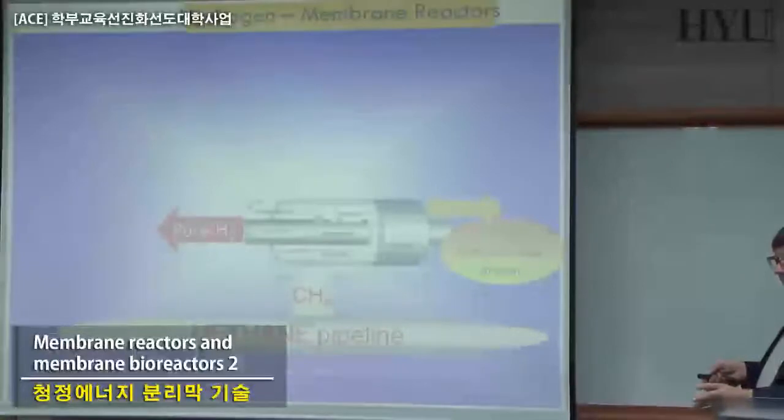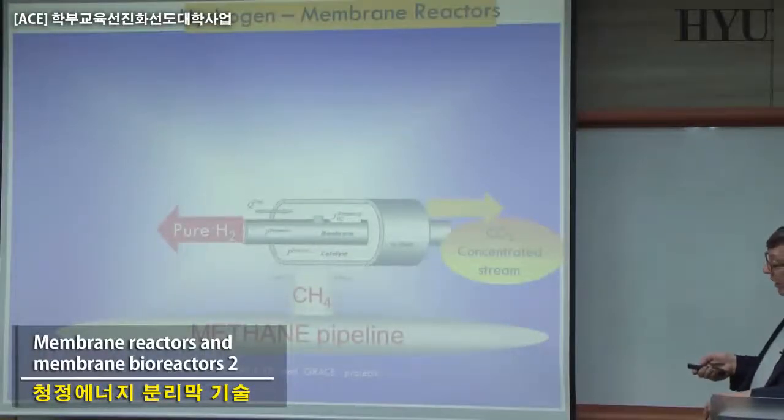Hydrogen does not exist pure in nature, so we have to produce hydrogen. One of the very well accepted ways to produce hydrogen is through steam reforming of methane. So you have methane, a simple gas, and you can supply this simple gas to membrane reactors of the kind we showed before.